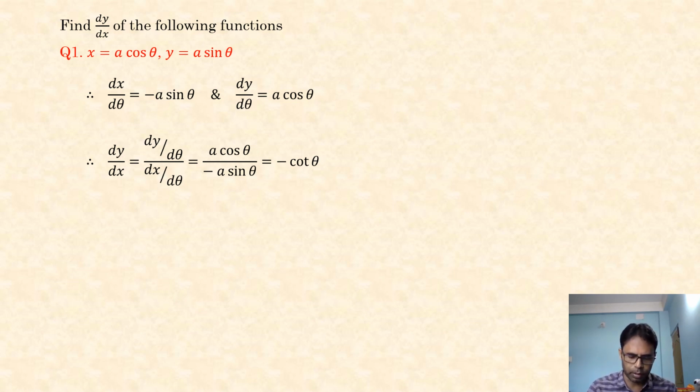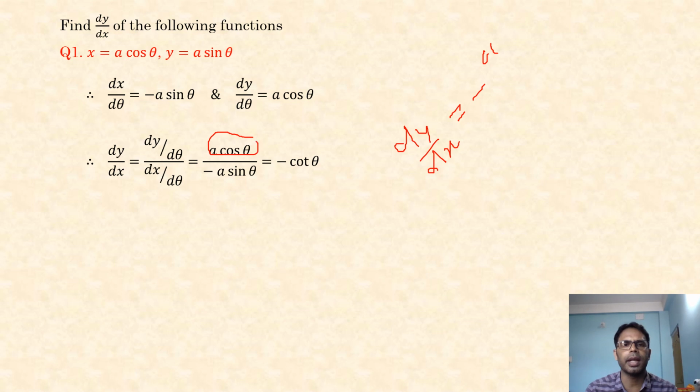You can write this answer in another way also. I have written it here; you can write it in this system also. Here, dy/dx is obtained with a negative, and the numerator is a cos theta. This a cos theta can again be replaced by x, since a cos theta is equal to x, and the denominator is y.